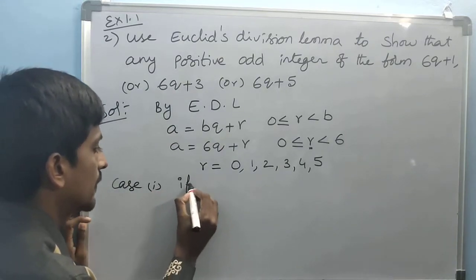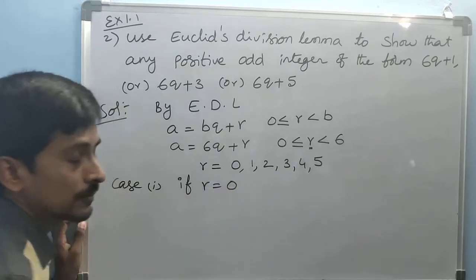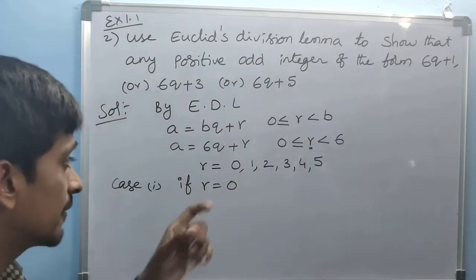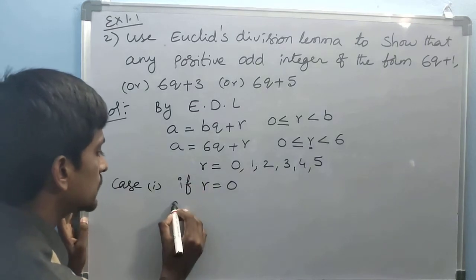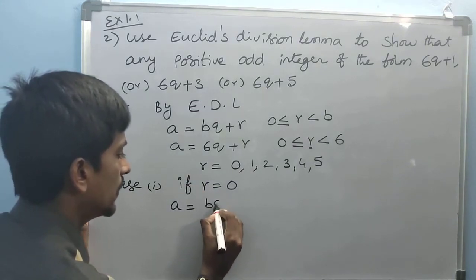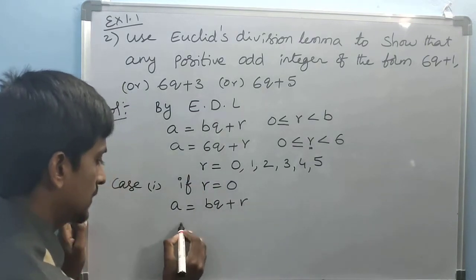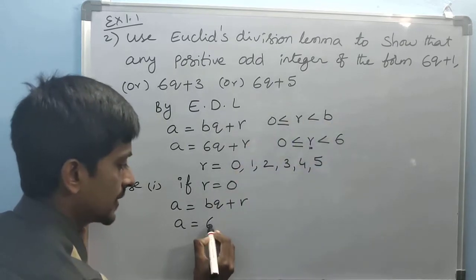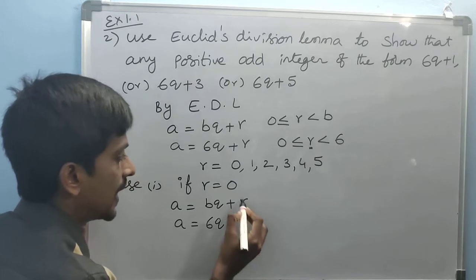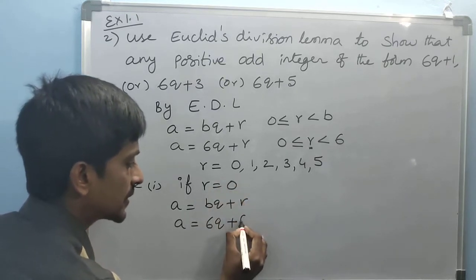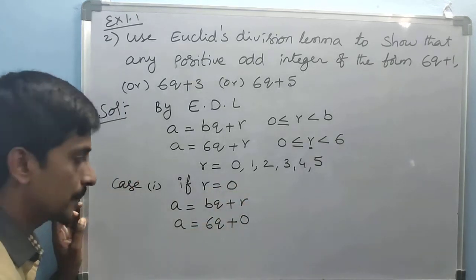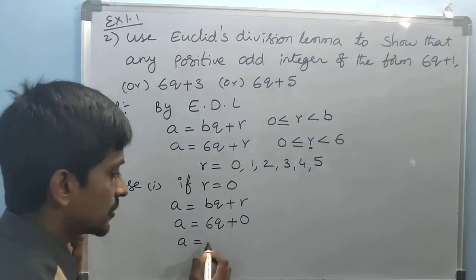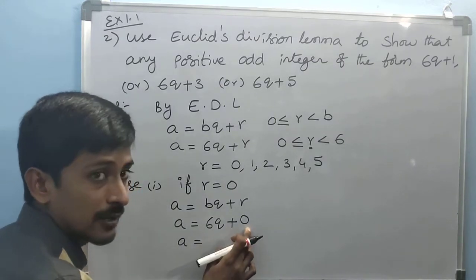If R equals 0, A equals BQ plus R, where B equals 6, so A equals 6q plus 0. The first case is 0.